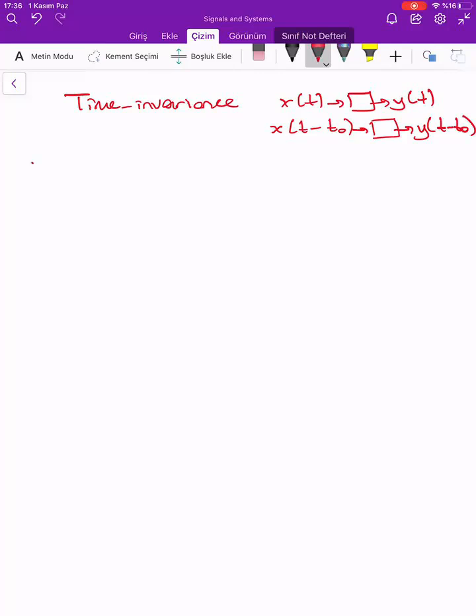Let us work on one example here. For example, the system is given like this: 2 plus sine t times x of t. So this is my input, and for the output to be calculated, I have to multiply the input by 2 plus sine t.